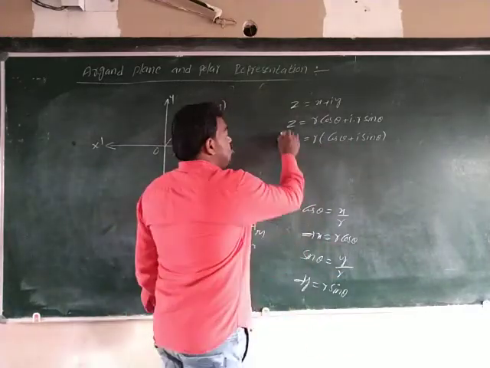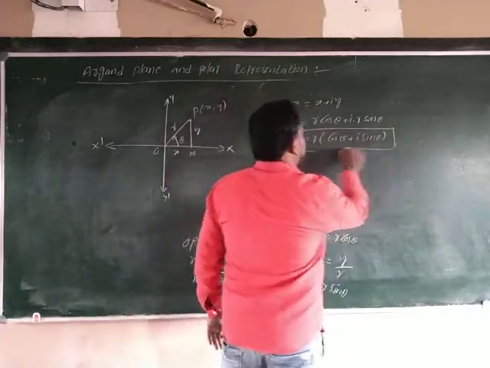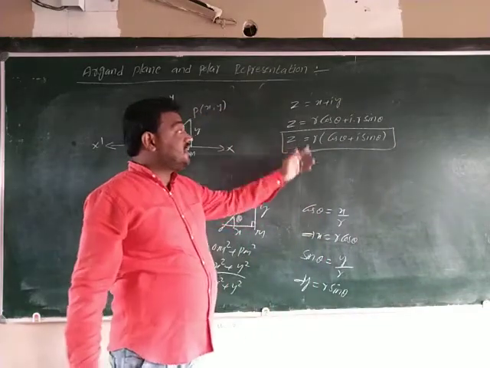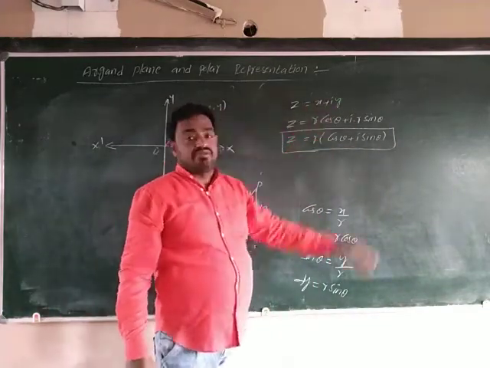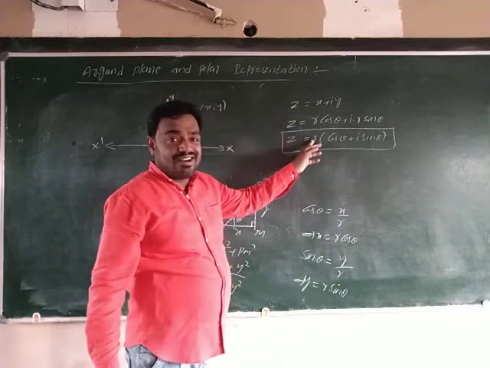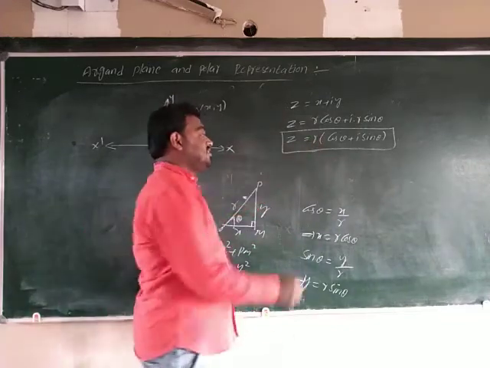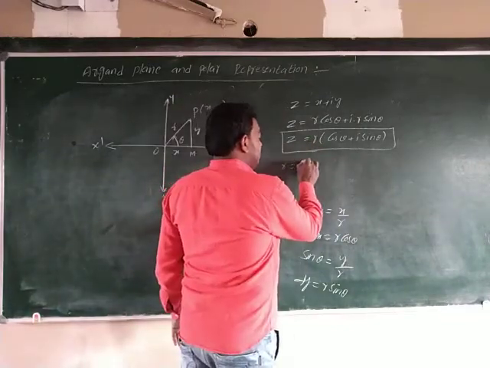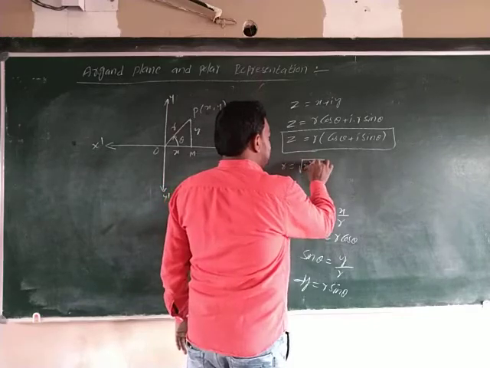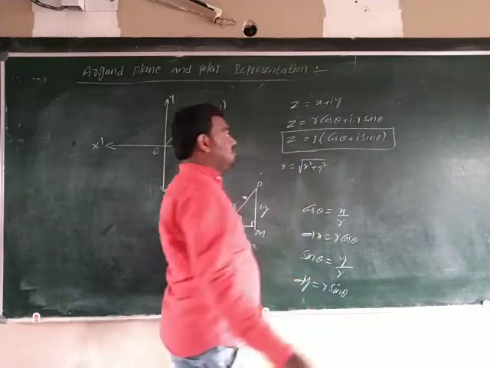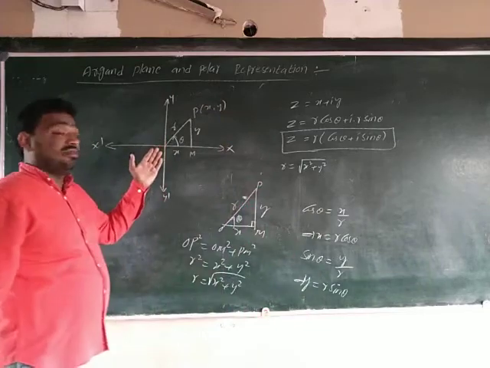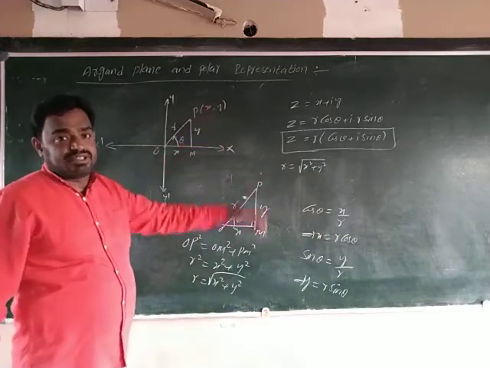This is the polar representation of a complex number z equal to x plus iy. Here, what is r? r is the square root of x square plus y square, nothing but the modulus of the complex number z.